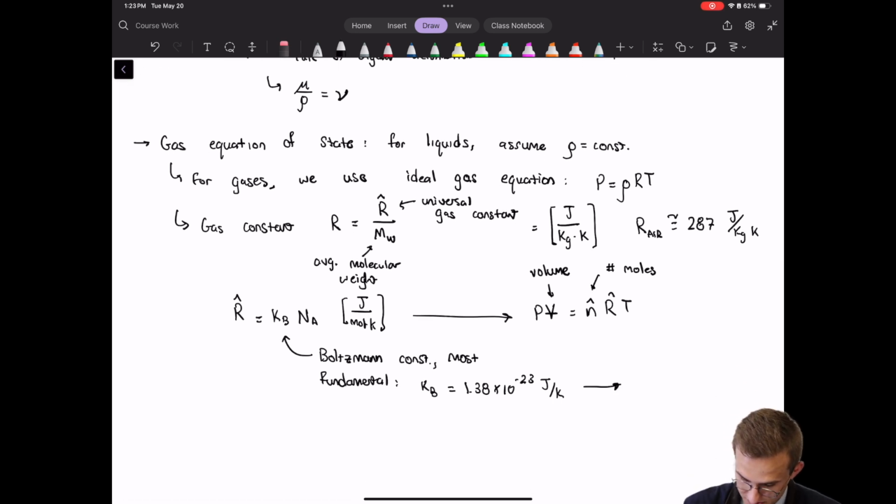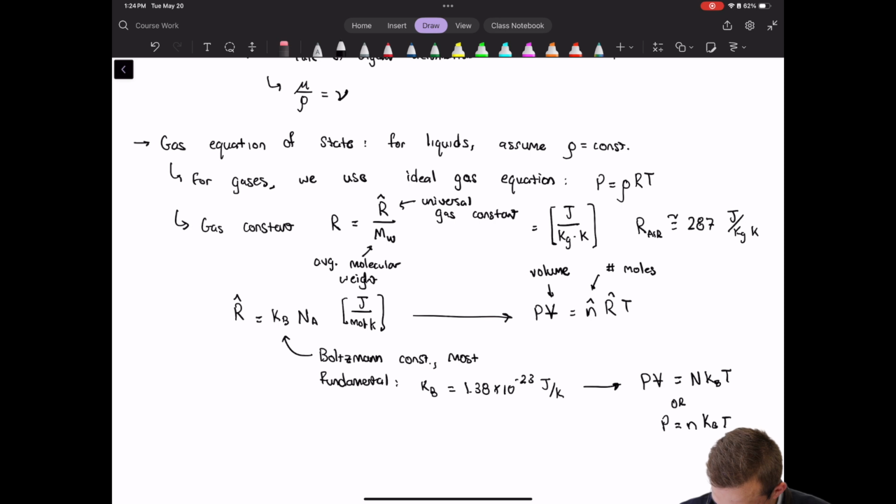So that's one version of the ideal gas law. You can also write it in terms of the Boltzmann constant, where PV equals N, now the literal number of particles, times kBT, or P equals lowercase n kBT. Again, these are the forms preferred by physicists.